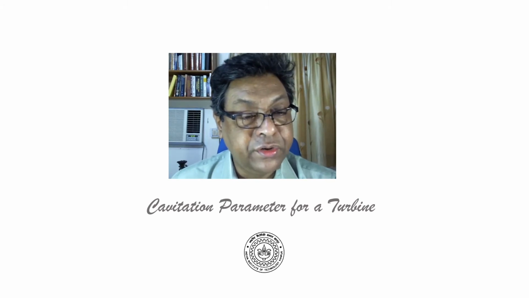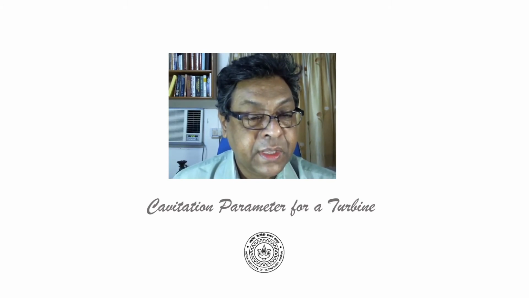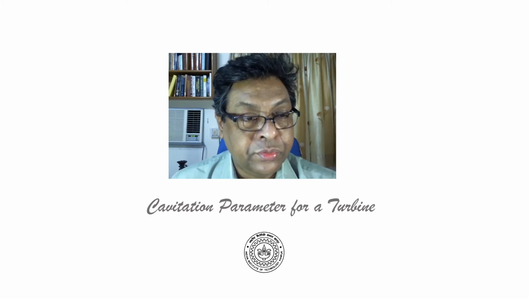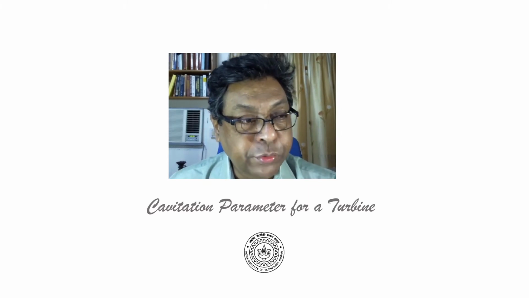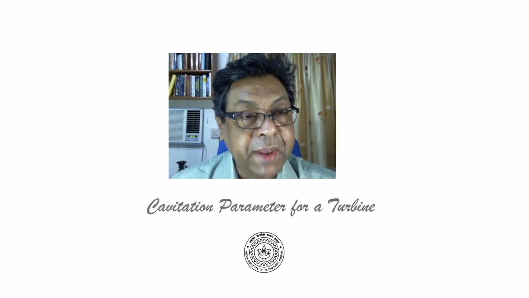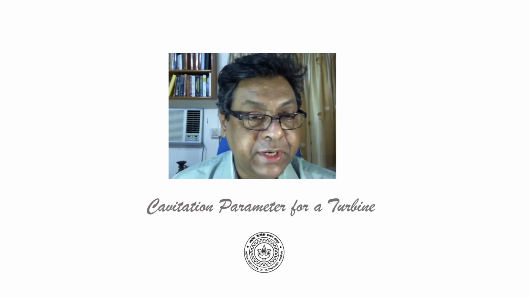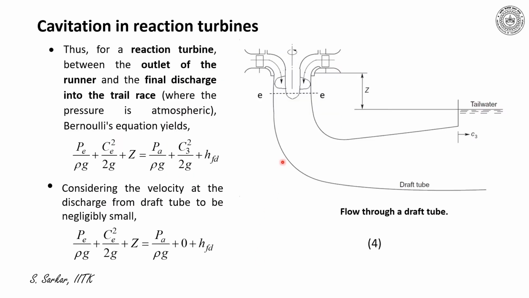After a discussion on cavitation for turbines, with an illustration of significant damage caused by cavitation on turbine blades, I'd like to derive now the cavitation parameter, which would be used to decide the safe installation of a turbine to avoid cavitation. I have presented here the schematic of a draft tube which is connected at the outlet of a reaction turbine.